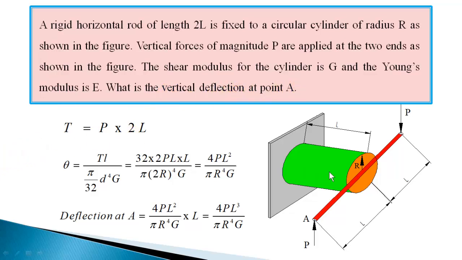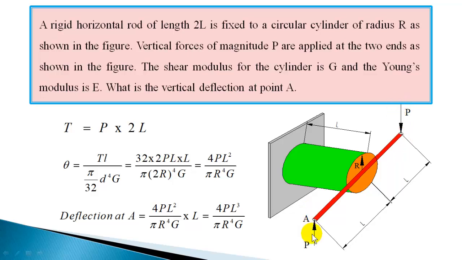This is a cylinder which is fixed here, and another horizontal rod is attached at the other end. The cylinder has a radius r, and this horizontal rod has length 2L and is subjected to forces like this. The magnitude of the forces is P. Now these vertical forces will produce a torque on the cylinder because the rod is attached to the cylinder firmly.